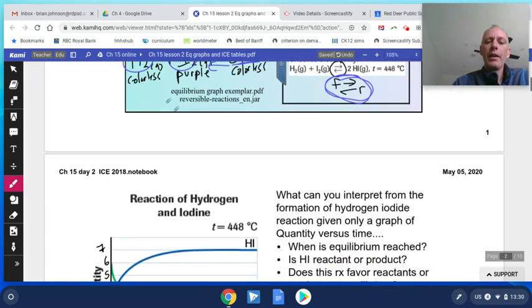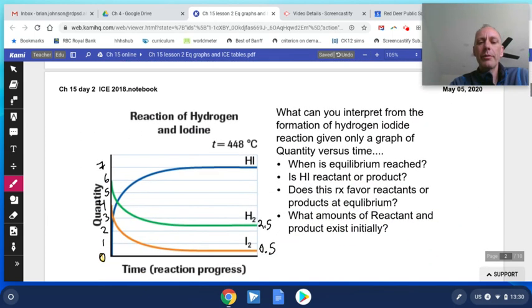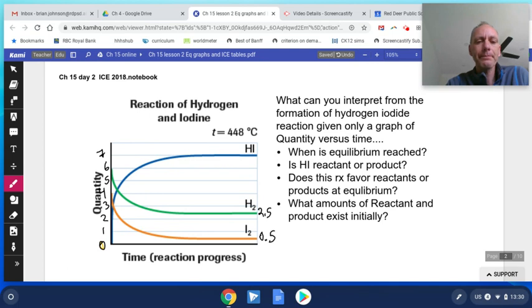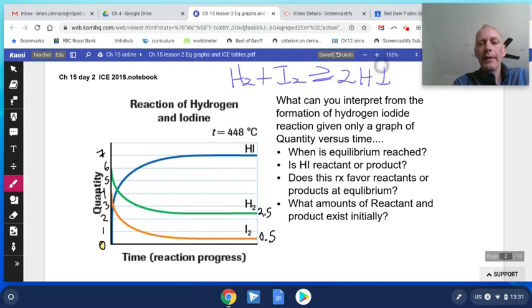Okay, so you should be able to look at a reaction graph and explain what's going on in terms of equilibrium. So here's that same reaction of hydrogen plus iodine making 2HI. Let's take a look at this graph. How would you know when equilibrium is reached when looking at it? On these graphs, how would you know when concentrations are no longer changing?